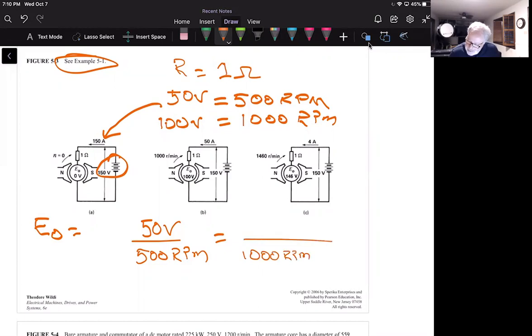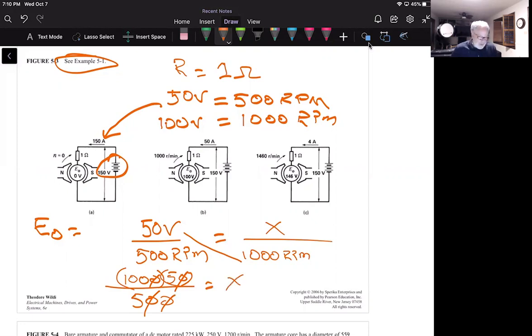But anyway, we'll set that equal to X. And so 1,000 times 50, and solving this for X, 1,000 times 50 divided by 500. Let's get rid of some zeros. I'll take one away from here and one from here, and I end up with 5 times 100. That's what I'm trying to get for X, and that will give me the voltage I need.